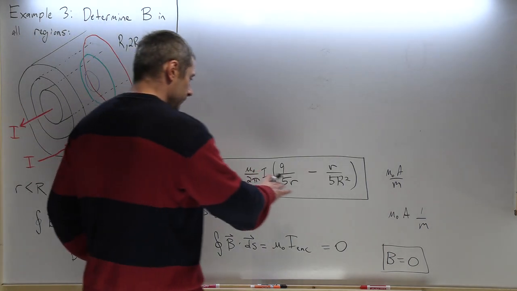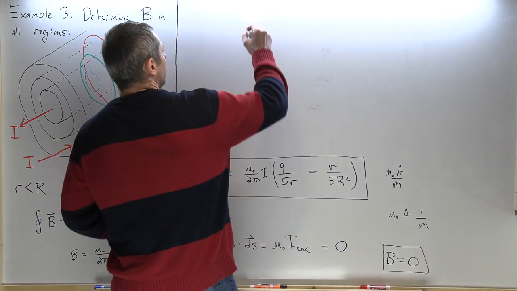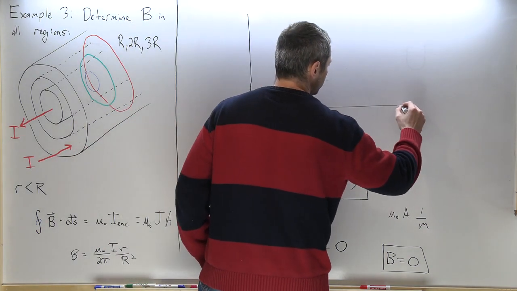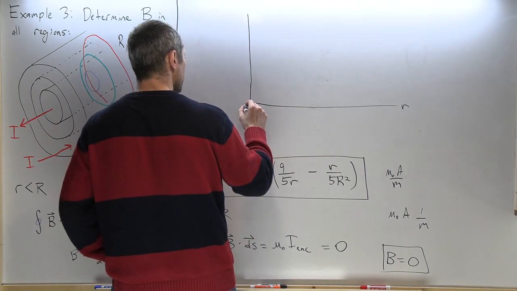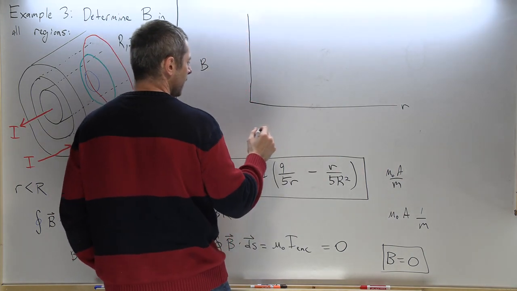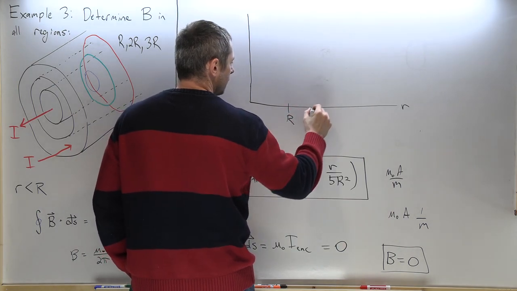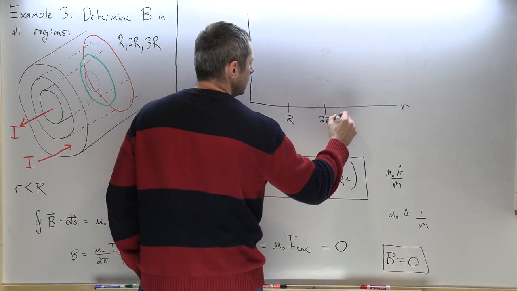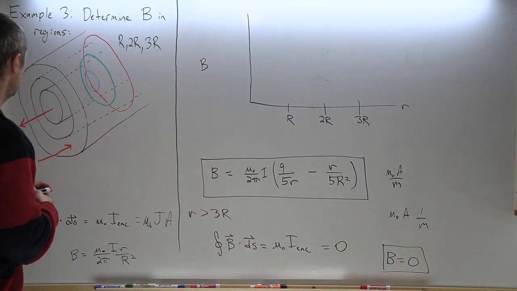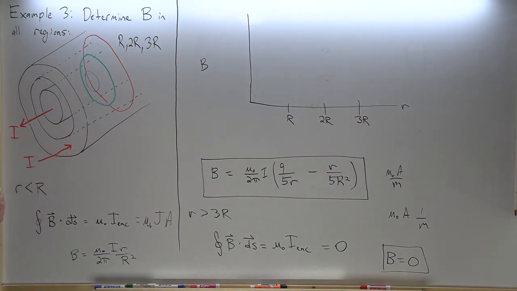So these three, actually 4, we plot. Set up some axes, and then B over here, R, 2R, 3R, all of our transition values at the various points when we move from one conductor to another.